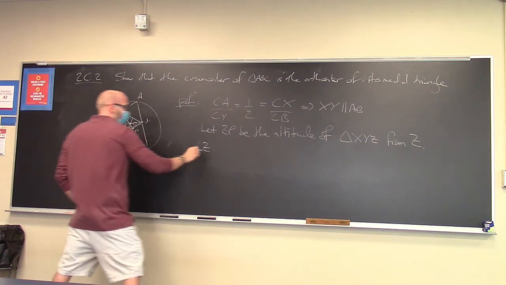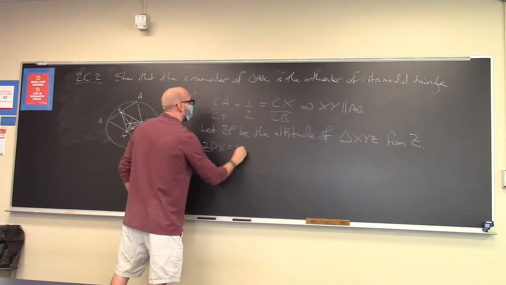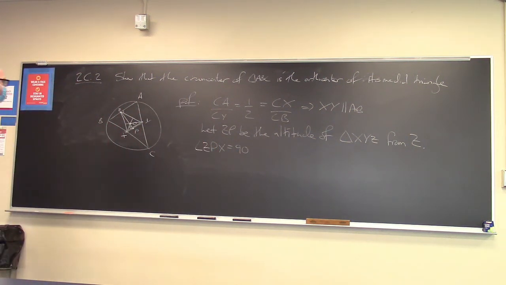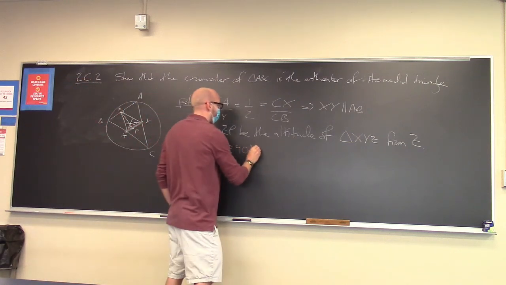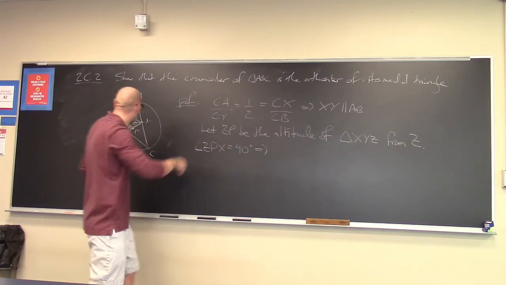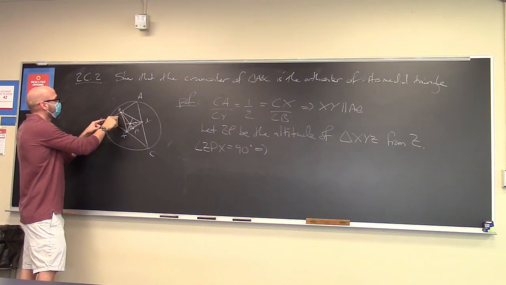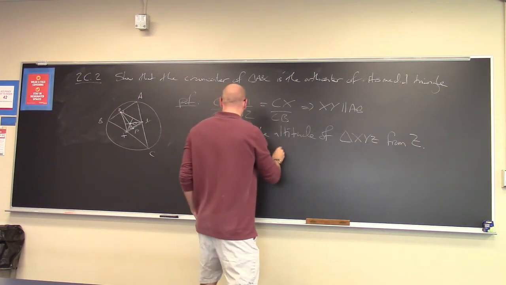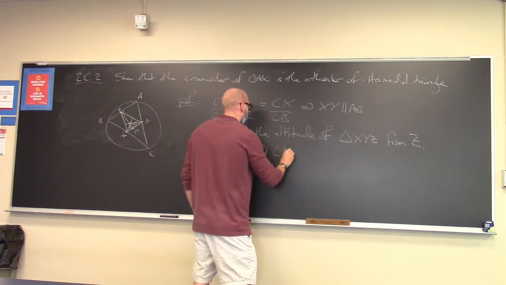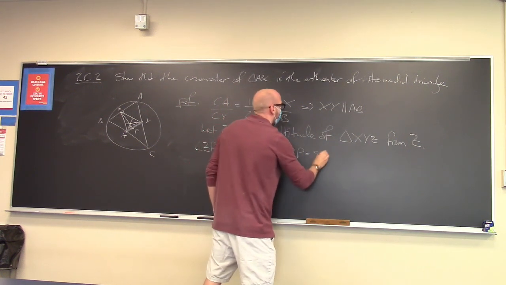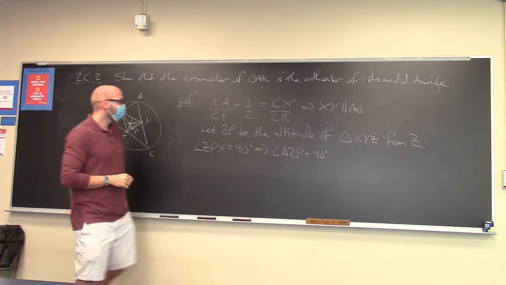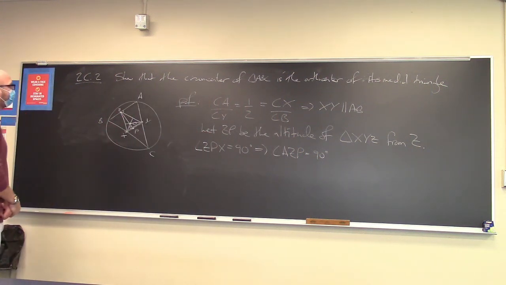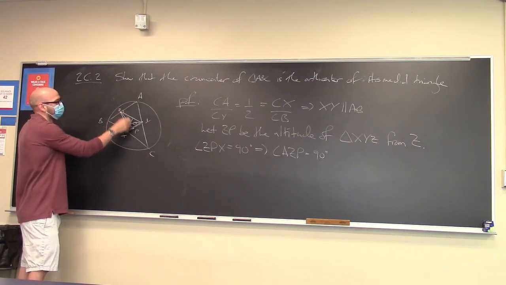Angle ZPX, by definition of being an altitude, that's 90 degrees. Which implies, by the above fact that these are parallel lines, that AZP is also 90 degrees. This is a transversal of parallel lines.